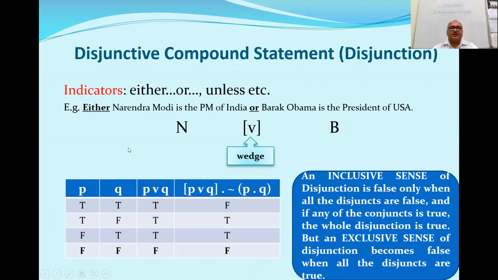Suppose you go to any mall and there you find an offer suggesting that either 3 shirts or 4 plates are for 100 rupees. Suppose this is the offer. Either you buy 3 shirts or you buy 4 plates, you will pay 100 rupees.